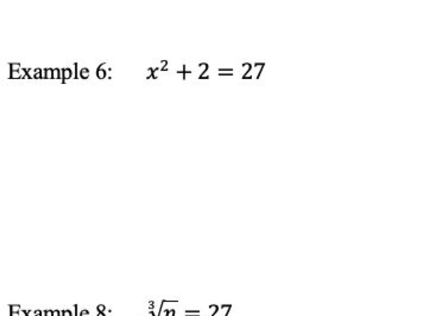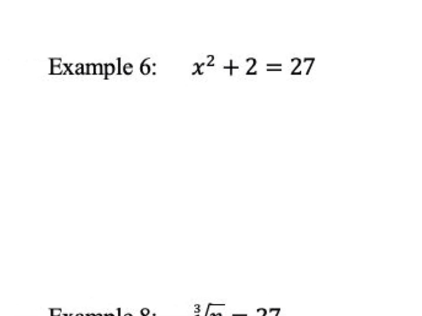All right, so let's look at example number 6. Let's get the x squared stuff by itself. So the first thing we're going to do is subtract off 2 from both sides. So then we're going to have x squared, the 2's go away, 27 minus 2 is 25. And again, I want to get x by himself.